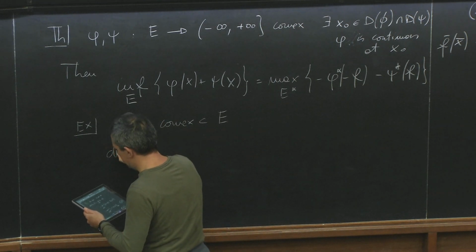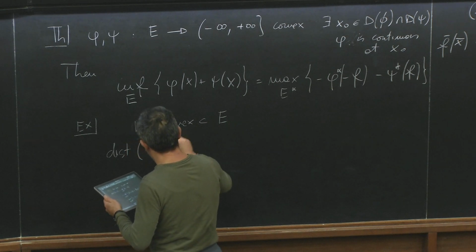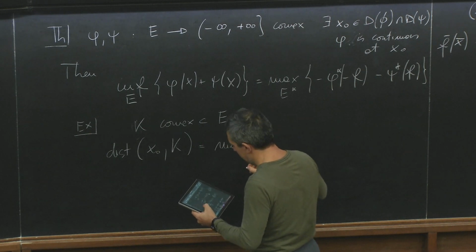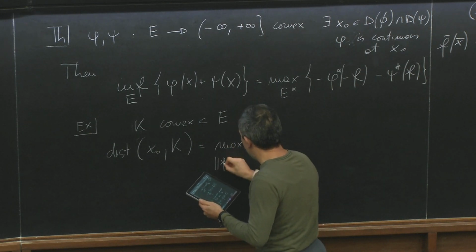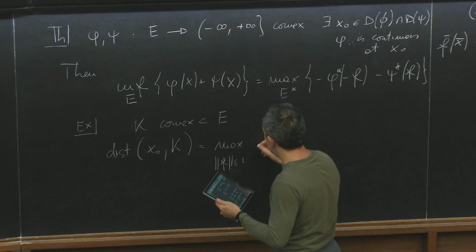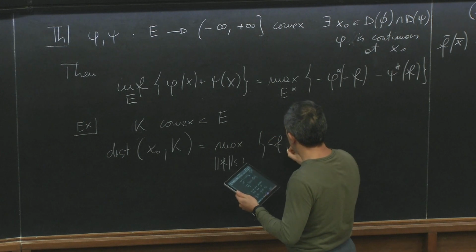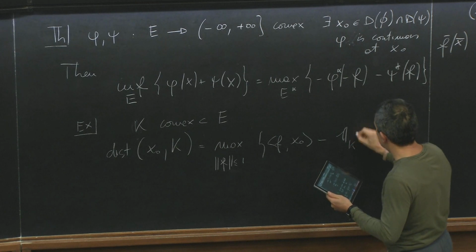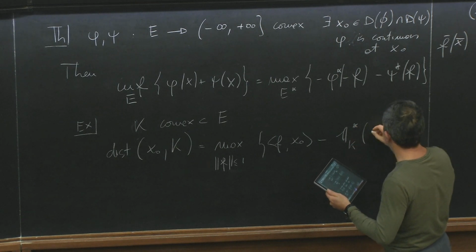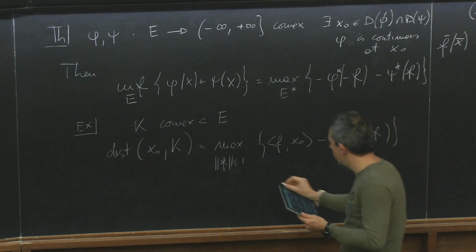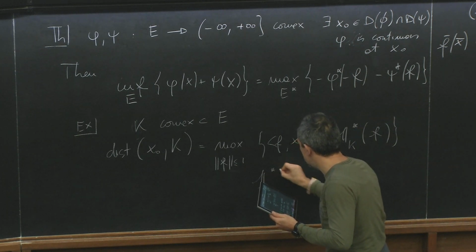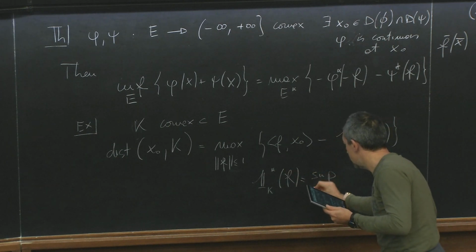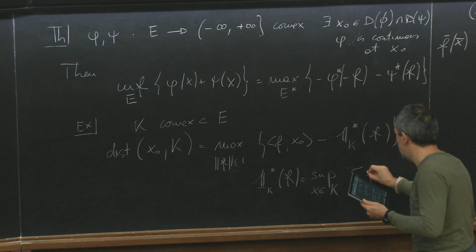Then the distance of x0 from K is equal to the max over f less or equal than 1 of the value in x0 minus the dual function of the indicator function of K. So this is the dual, the Legendre transform of this guy.